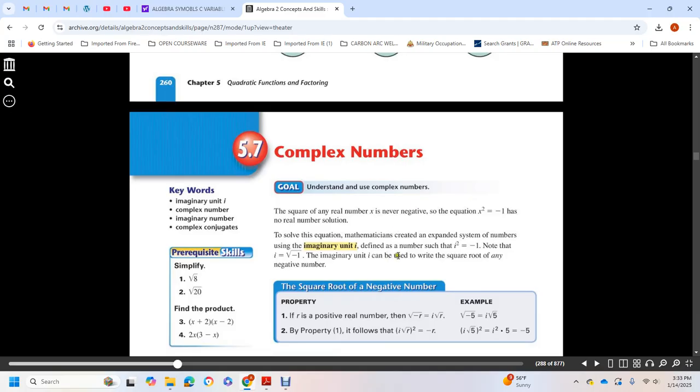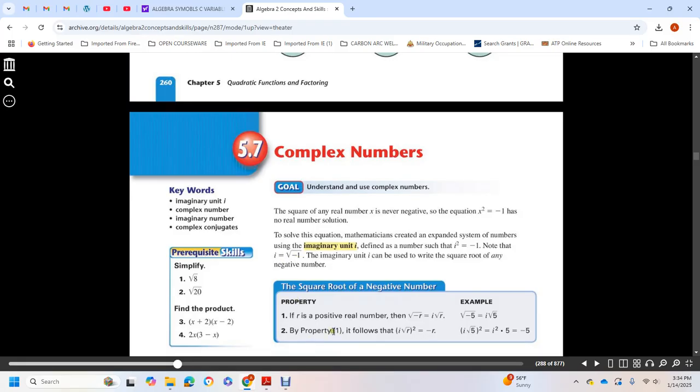The imaginary unit i can be used to write the square root of any negative number. If r is a positive real number, then the square root of negative r is equal to i times the square root of r. So the square root of negative 5 is equal to i times the square root of 5.